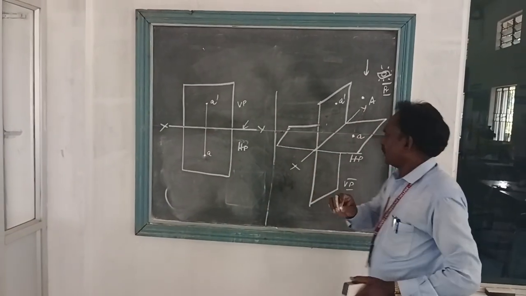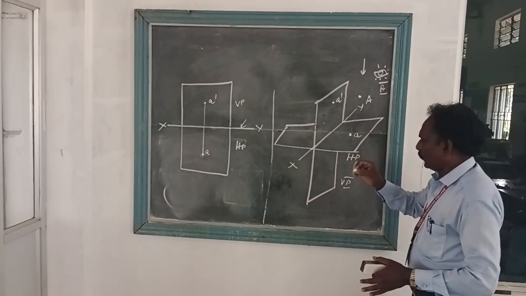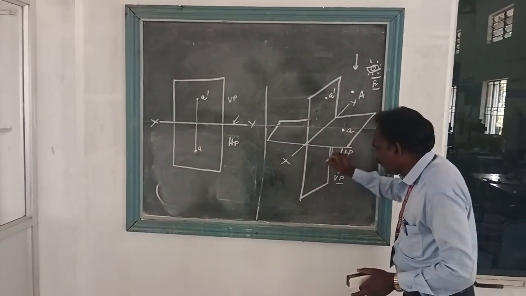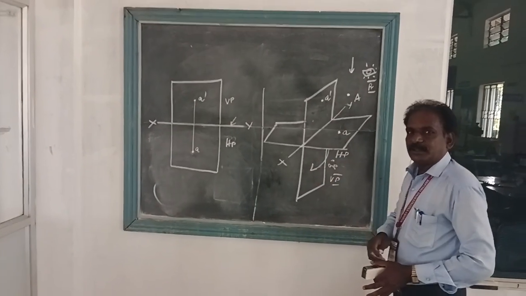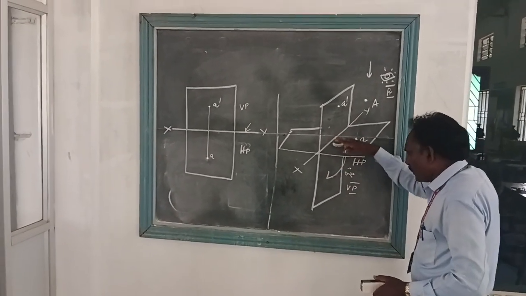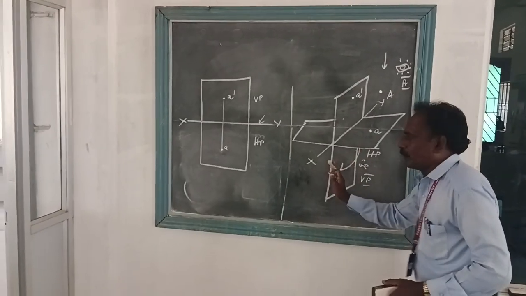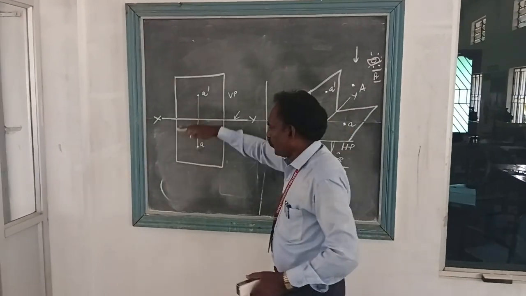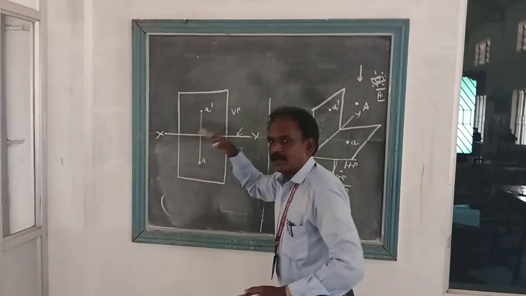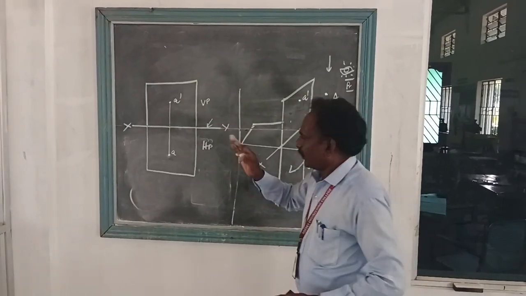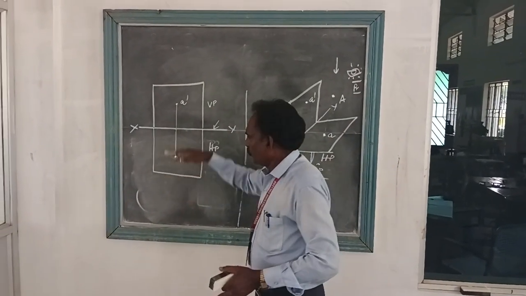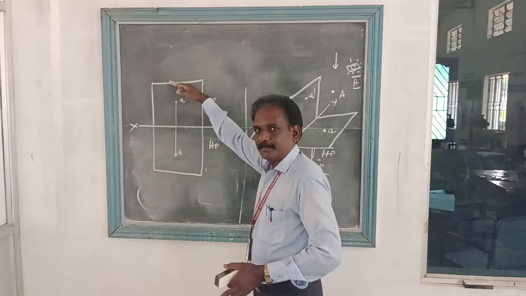That is one basic. After projection of views, you have to rotate this horizontal plane through 90 degrees. That's why the complete plane coincides with the VP area. So automatically the top view will come below the XY line. In this projection, first angle projection, the normal front view will come above the XY line.